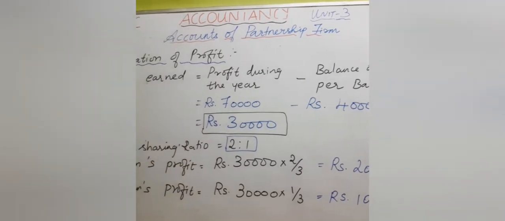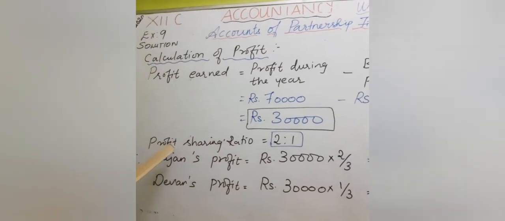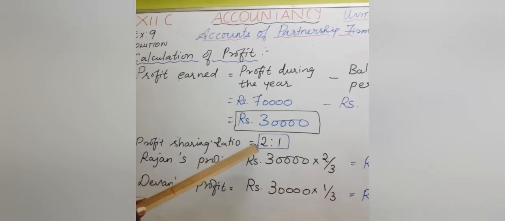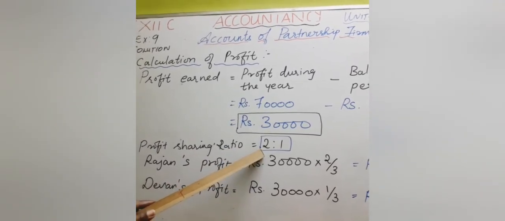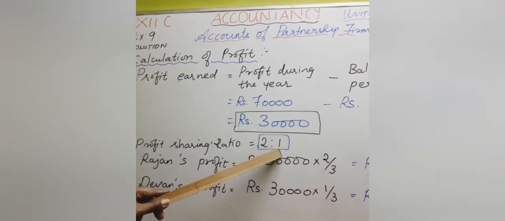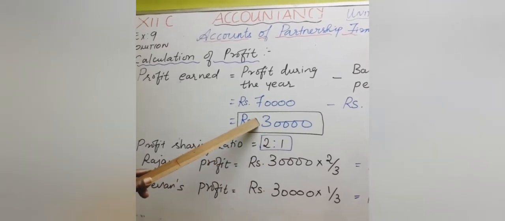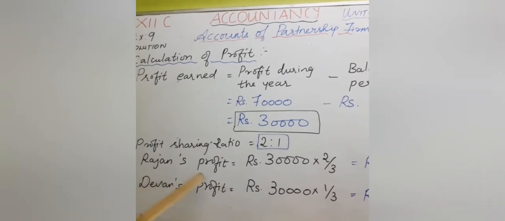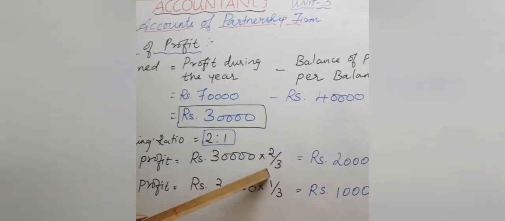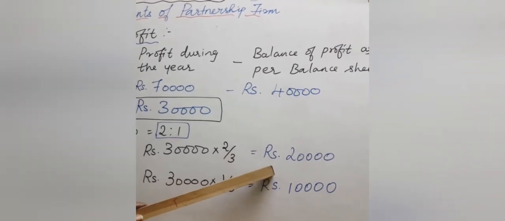Okay, next in the question it is given the profit sharing ratio is 2:1. That means Rajan is getting 2/3 and Devan is getting 1/3. Now on this 30,000, what is the profit for Rajan? You calculate 30,000 into 2/3, you get 20,000.